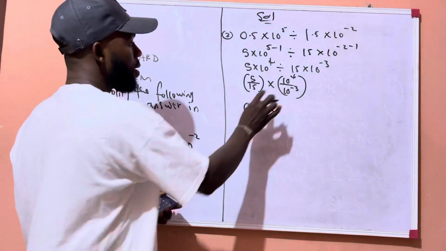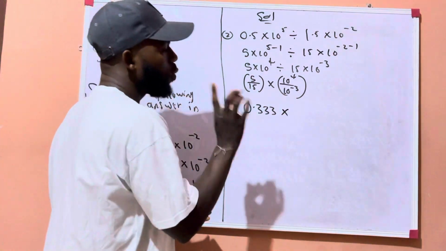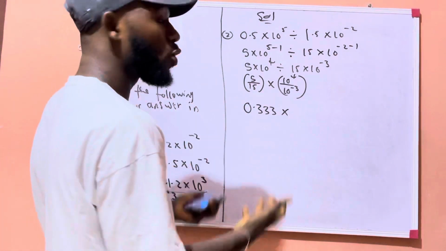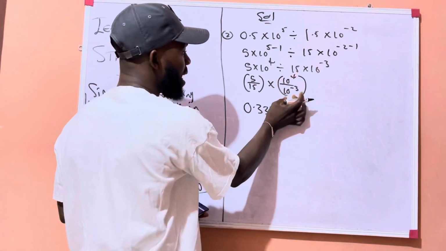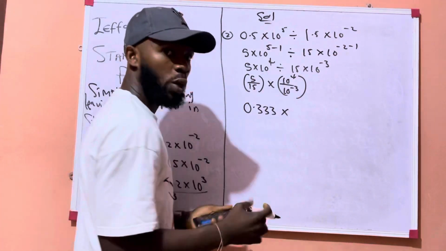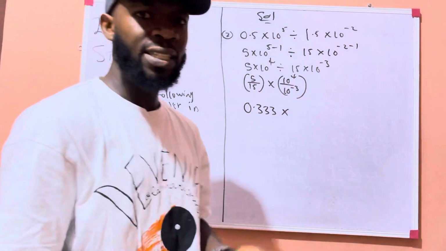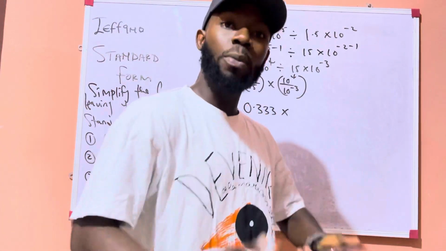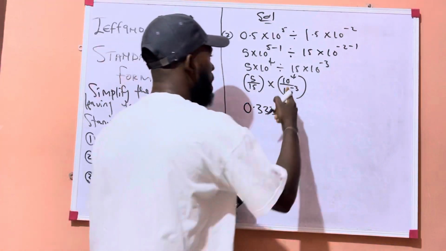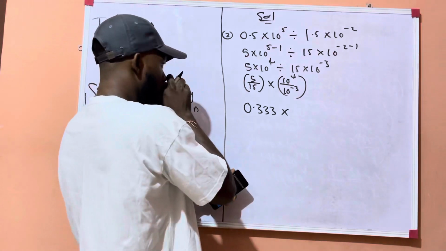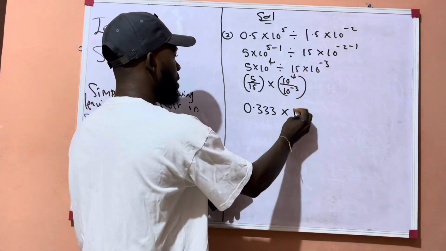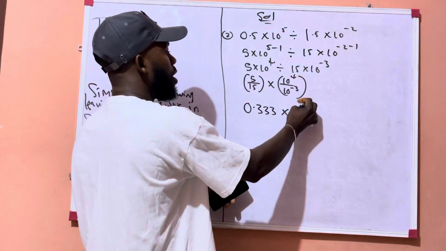So we have 0.333. Now you will notice that laws of indices again have to work here because the base here is 10 and the base here is also 10. And what are we doing? We are dividing. And I said when the bases are the same and we are dividing, division becomes subtraction. So I'll pick one of the bases, it becomes 10. Now my first power is 4.